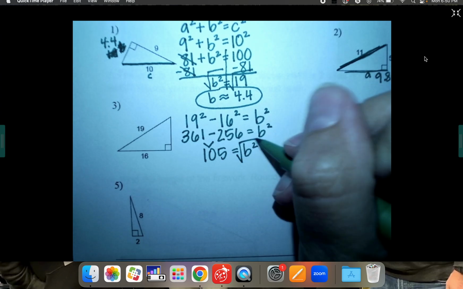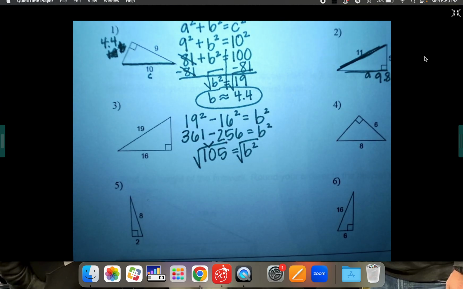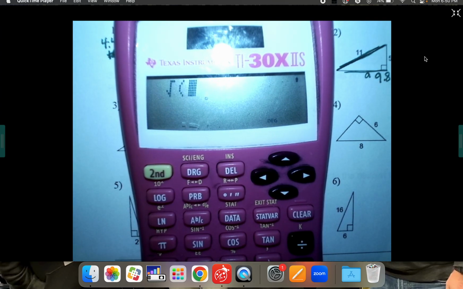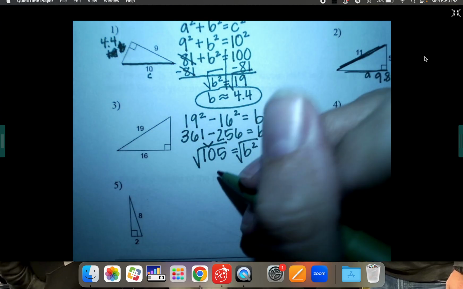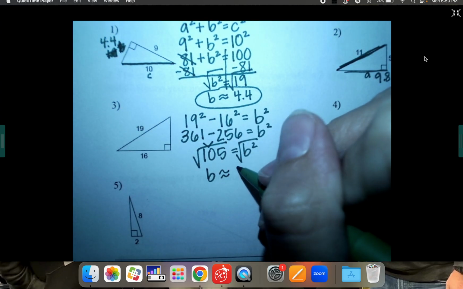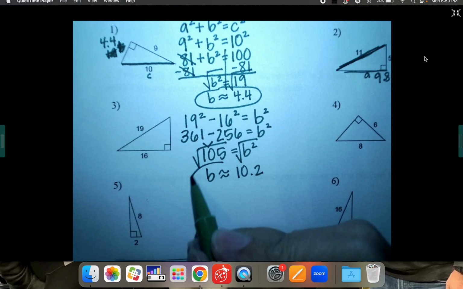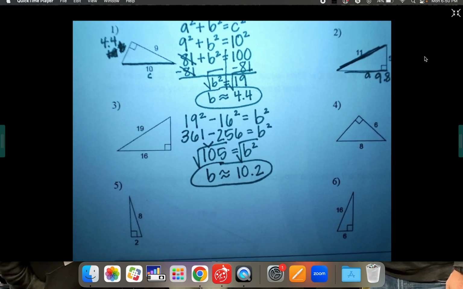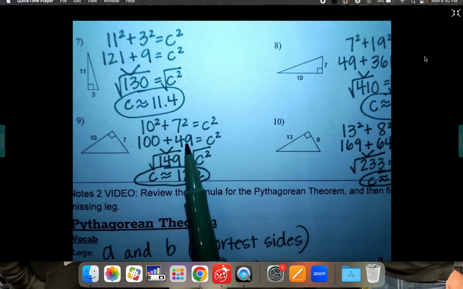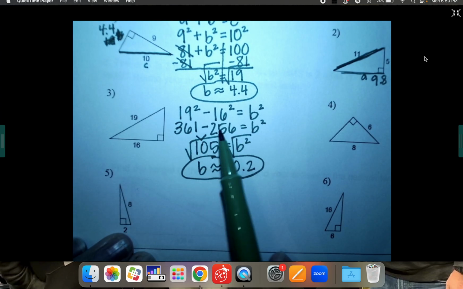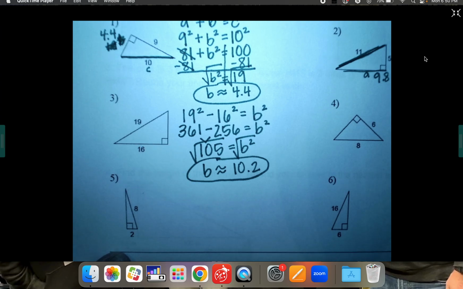You just need to square root both sides to find what B is by itself. So the square root of 105 is 10.2. So B is about 10.2. Okay, so again, add it if you have the two shorter legs. Subtract it if you are missing one of the legs.